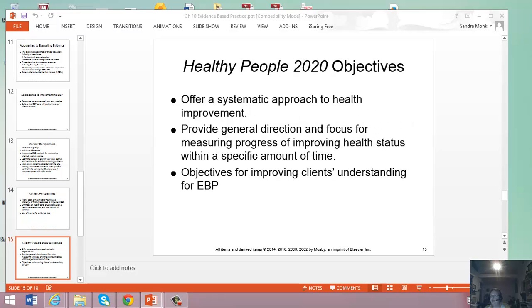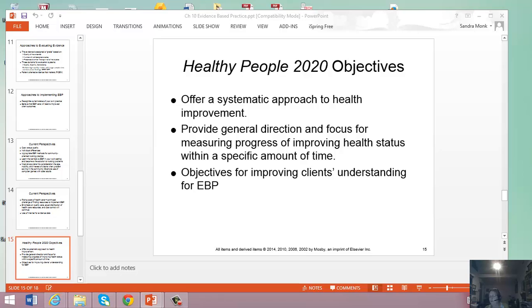Healthy People 2020, that we talked about, came about in 1979 and continues today. They offer a systematic approach to health improvement for all age groups, many different disease processes, and many different health problems in the community. And they help provide a general direction and focus for measuring the progress of improving health status within a specific amount of time.